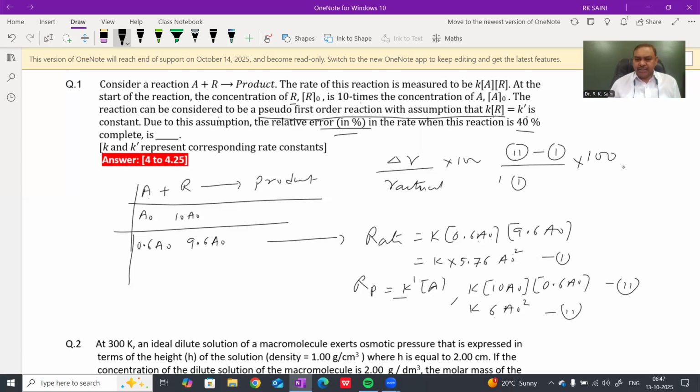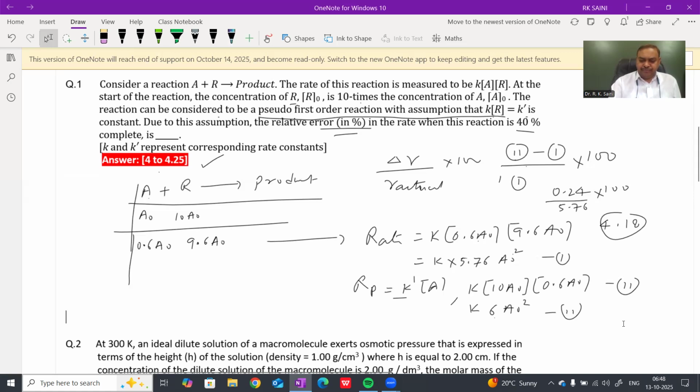Hence our answer is the difference 0.24 divided by the actual rate 5.76 into 100. Therefore, our answer is 4.18, and JEE gave 4 to 4.25 as the correct answer.